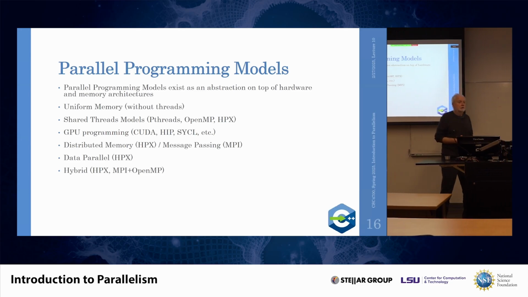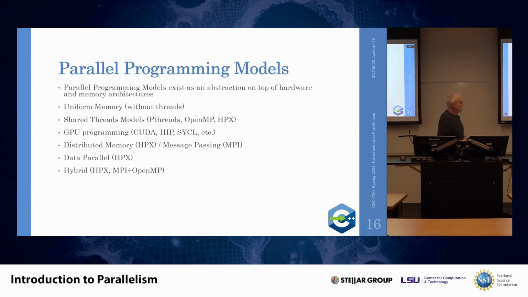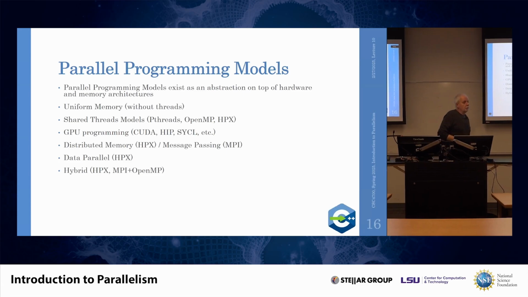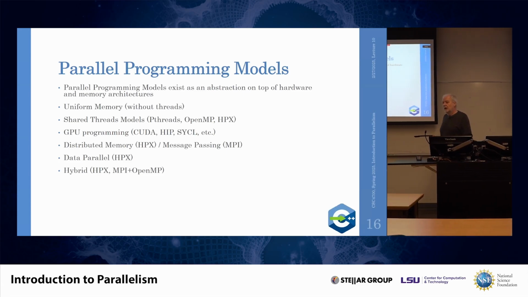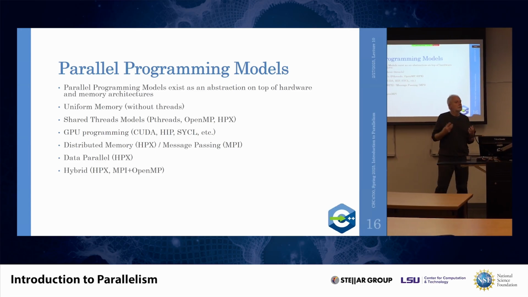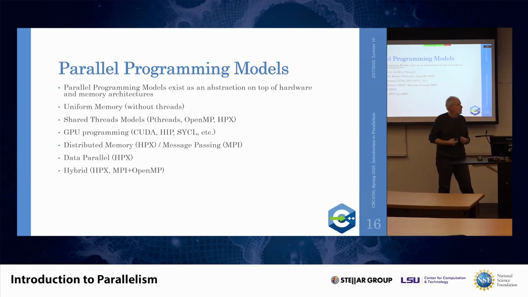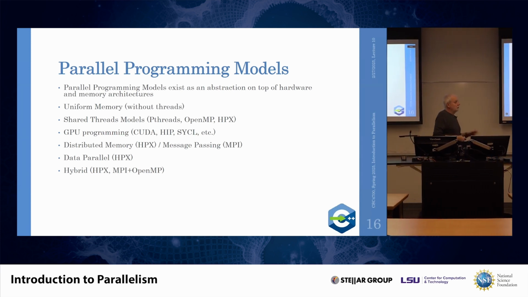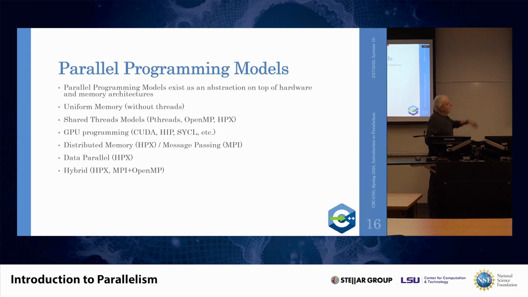Many people still think it's the way to go, but I think it's not the way to go, and we will see alternatives. A second one is OpenMP, which is a compiler-based solution that can add parallelism to your code without you changing the code too much. We will talk about HPX, which kind of tries to mitigate all the problems of OpenMP and Pthreads, and we will see what.